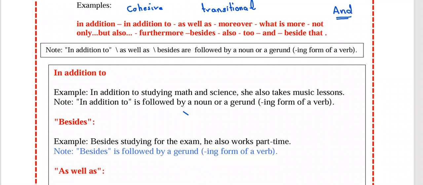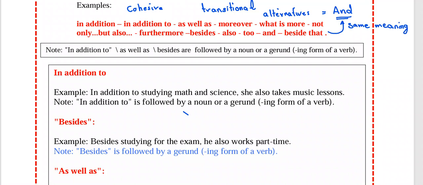We repeatedly use and, which is not recommended, so we want to use some substitutes or some alternatives for the word and. So all of the list here means and, the same meaning as the word and.